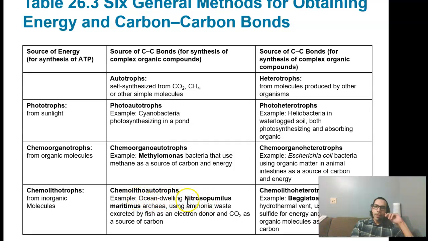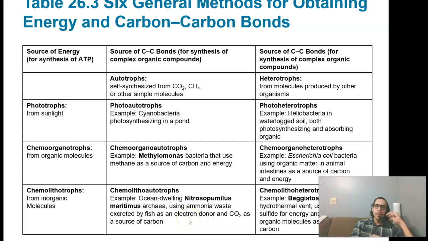An ocean-dwelling Nitroso humilis maritimus, it's a type of archaea, is using ammonia waste excreted by fish as an electron donor and CO2 as a source of carbon. Sorry, let's start at the beginning.